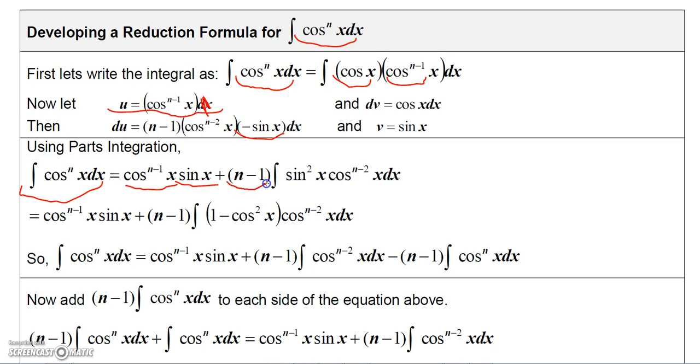Let me tell you what we're doing here. This integral would be the integral of v du, so it would be sine x right here times all of this.